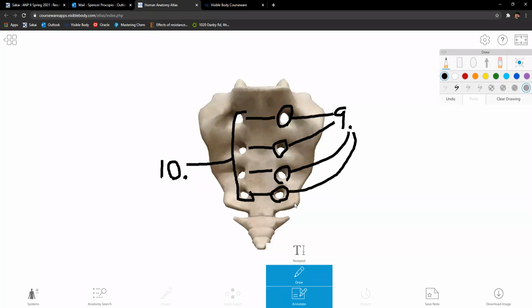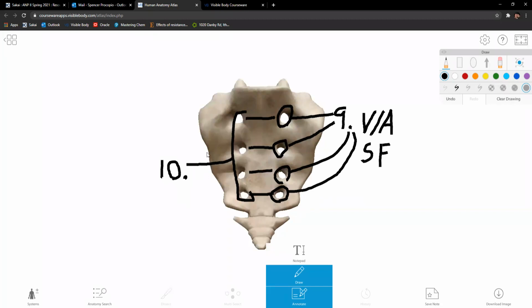All right, so number 9, we're going to be looking at our ventral or anterior sacral foramina. So like we said on the other side, we're looking at the dorsal side or the posterior side. We called those our dorsal sacral foramina. Now on the ventral or anterior side, we're going to be looking at the ventral sacral foramina.